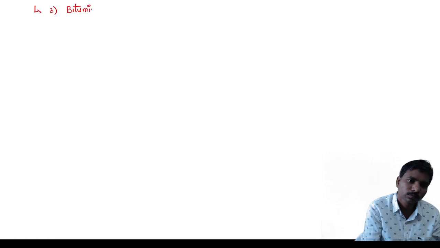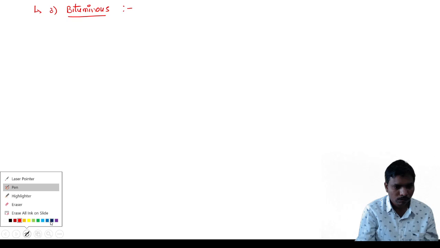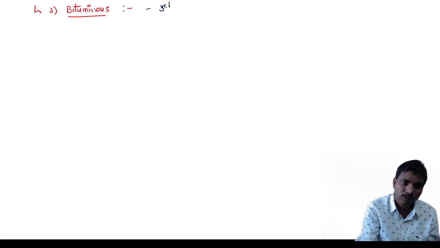Okay, the next one, bituminous. Bituminous type of the coal. Okay, so here percentage is 78 to, sorry, it is in the third phase of extraction.